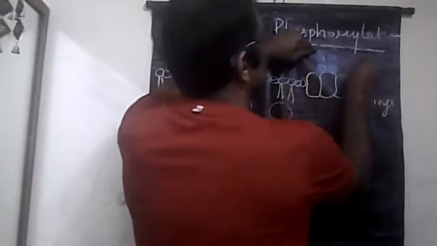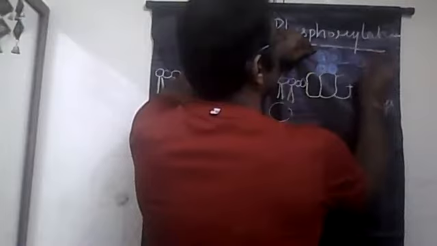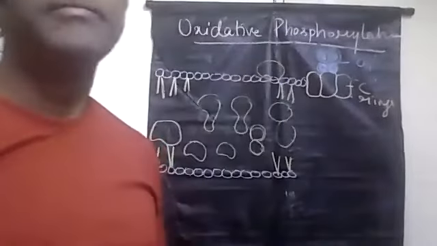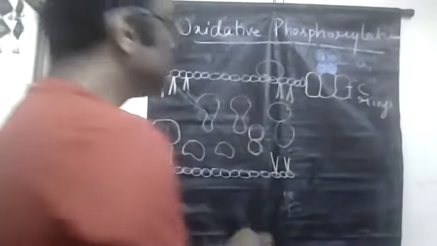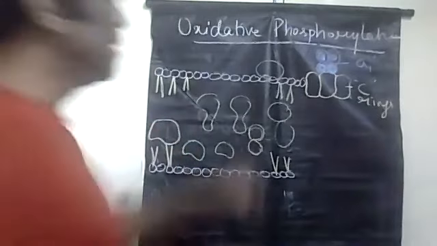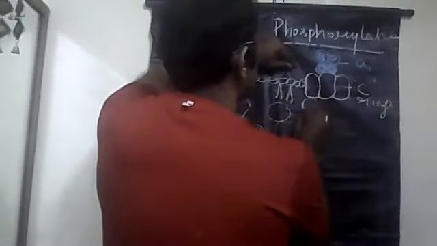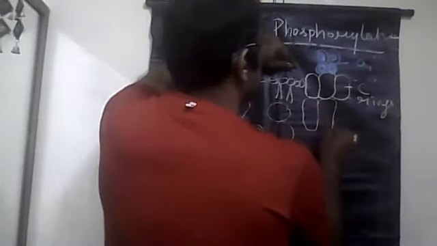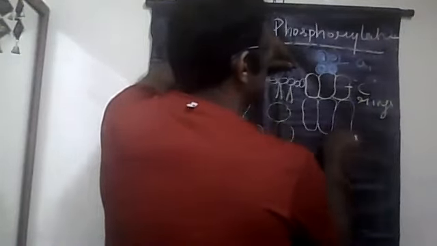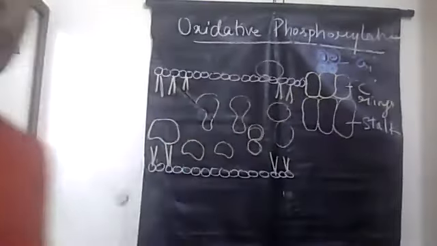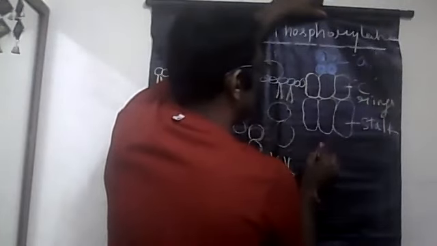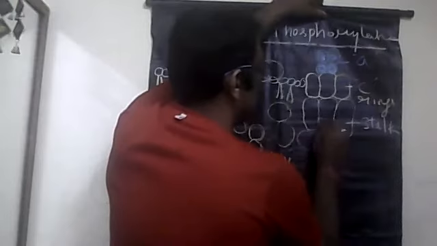This is called A1 protein. Then C rings, followed by the stalk. Draw the stalk. These all are protein subunits. Now we will write the 3 units in the stalk. Observe properly.